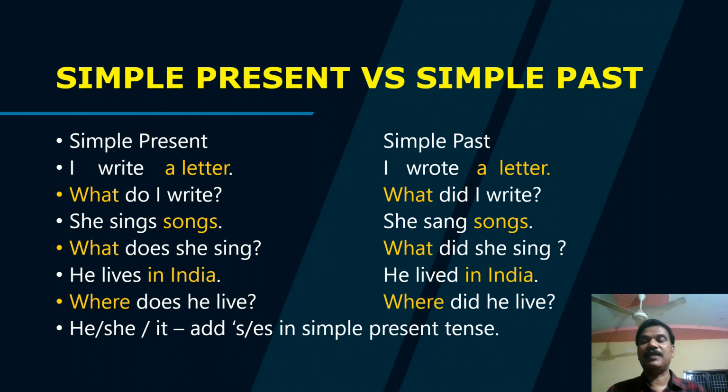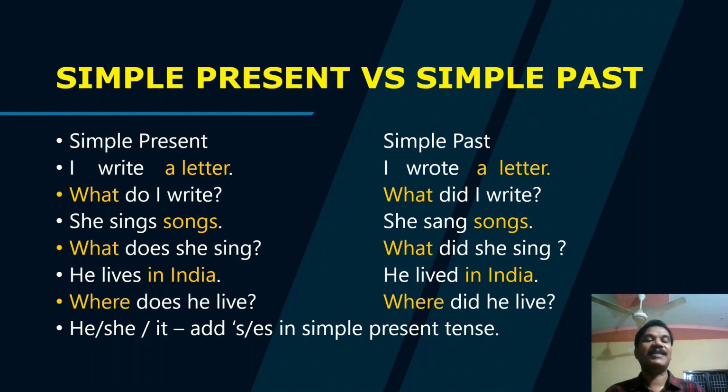So write, do. Always after a question word and helping verb, we use the subject plus main verb. I write. Have you observed carefully? A letter has become what? And the extra word do is used in place of s to show the present tense.